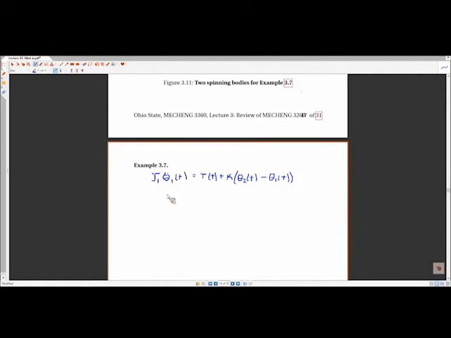And then for the second inertia, we have J2 theta 2 double dot. Sorry, I merged my dots.